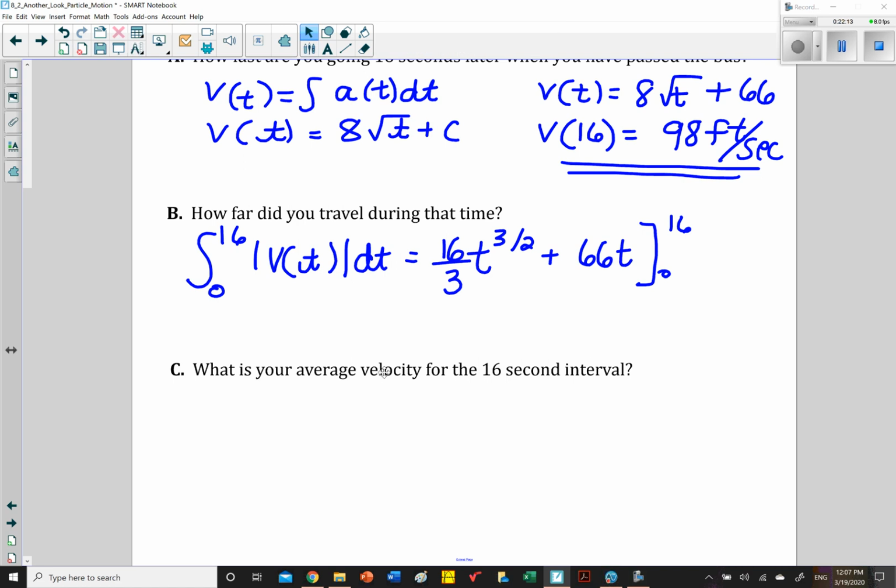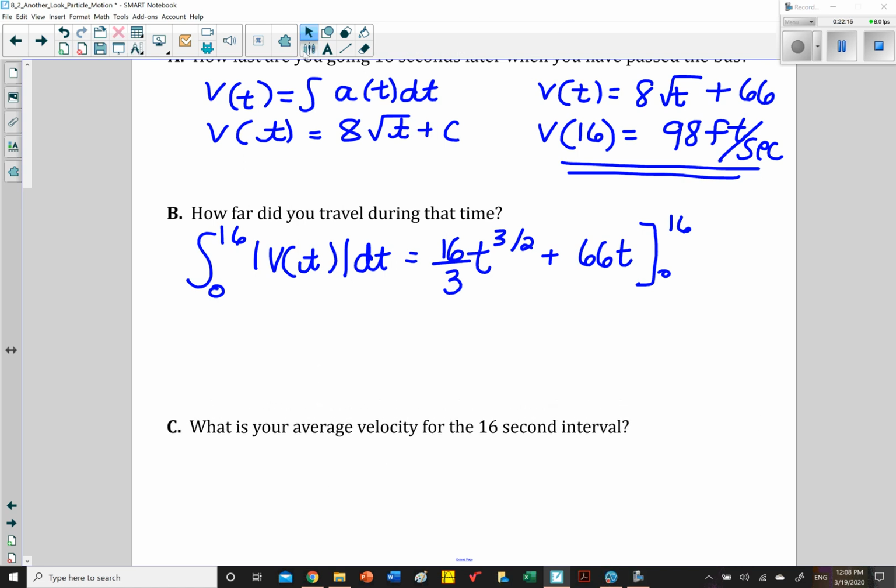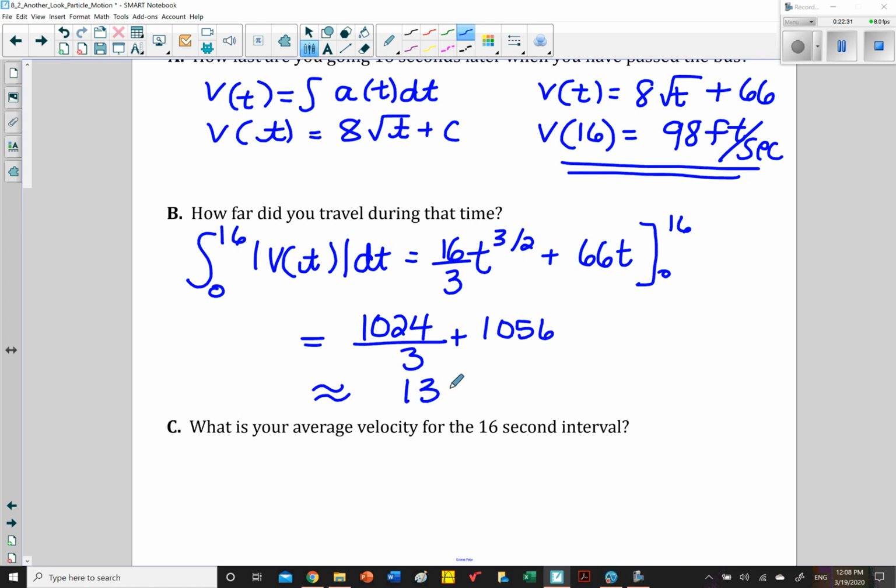And substituting 16, cheating a little bit here with my calculator, 1024 over 3 and 1056 is roughly 1397.3 repeating. And our units are feet. So that's how far we've traveled during that 16 seconds. And you want average velocity. So average velocity is displacement over time.